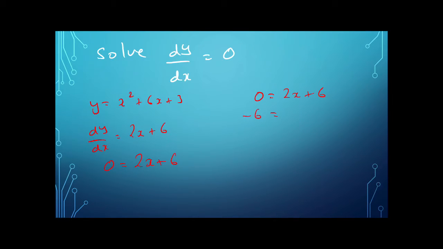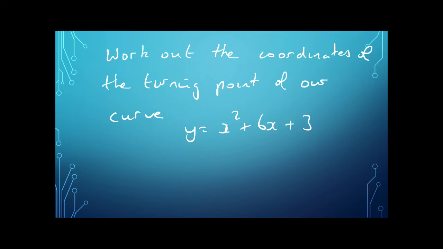Subtract 6 from both sides, divide by 2, and we can see that when x is negative 3, the gradient will be 0. And in fact, we're being asked to work out the coordinates of our turning point.